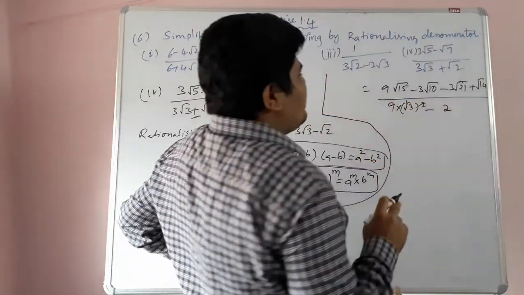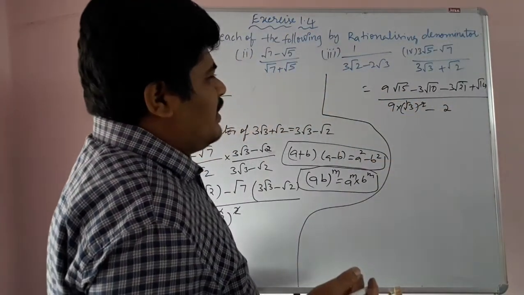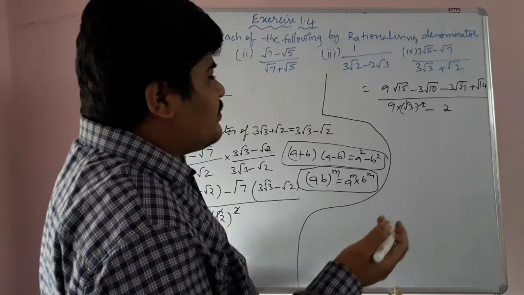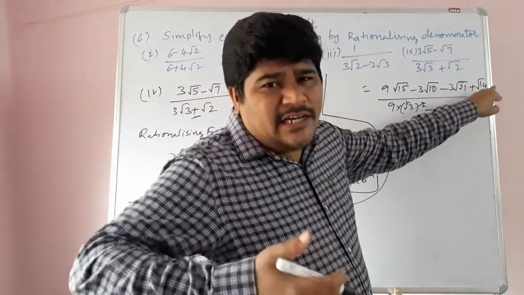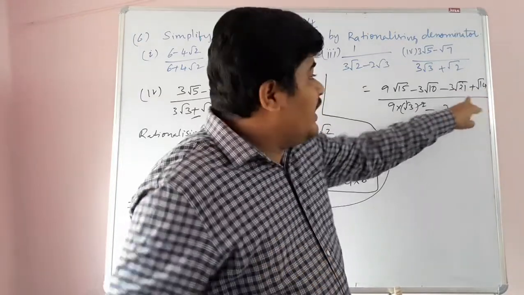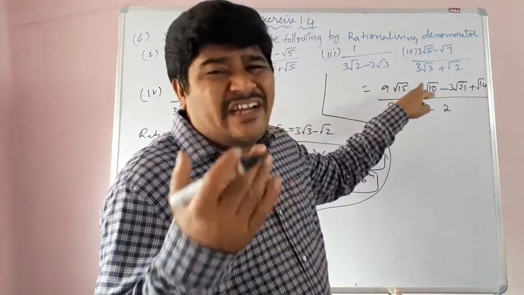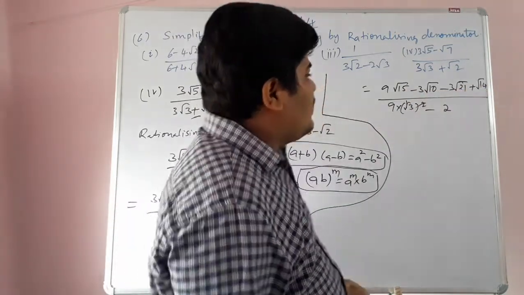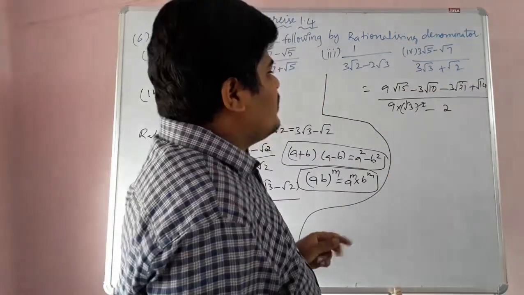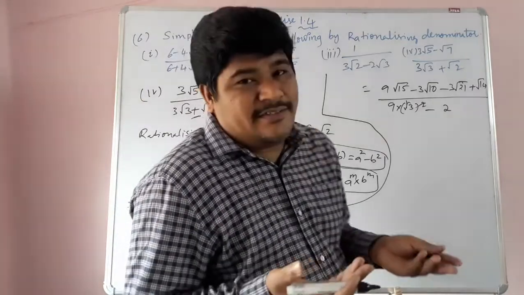Okay. So students, in the numerator, if the terms have the same irrational part, we can take it common and simplify. But here all these have different irrationals. See, root 15, root 10, root 21, root 14. So these are not like terms.